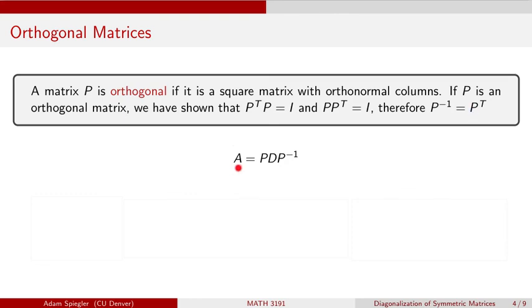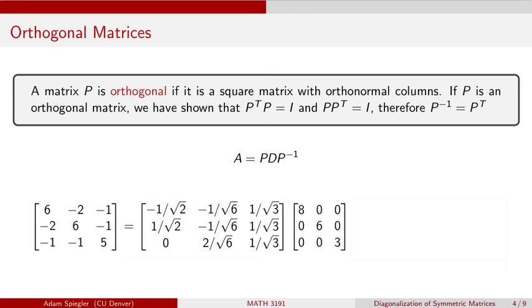So when we diagonalize matrices in general, we have P times the diagonal matrix of eigenvalues times P inverse. When we have this special case of a symmetric matrix A, then we can set up an orthonormal basis of column vectors. We found that each of the eigenvectors was orthogonal to each other. We normalized each of these vectors. So now this matrix P is orthogonal. And normally we would have to multiply on the right by the inverse of P, and this would be really difficult and computationally heavy to calculate.